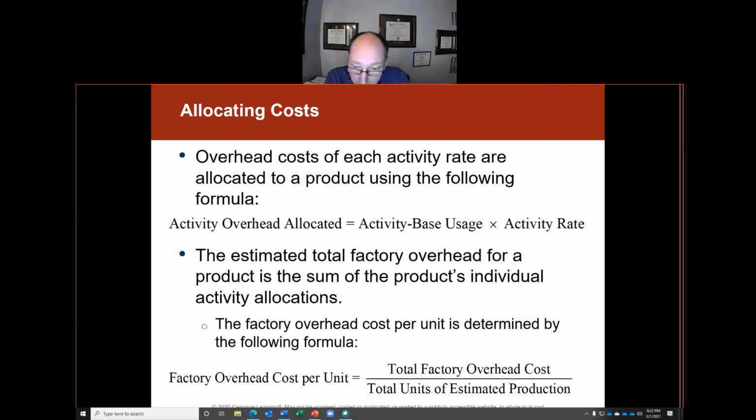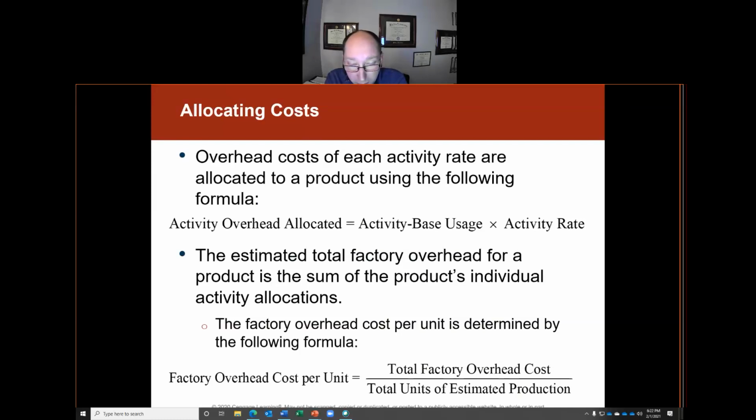So how do we do that? I guess there's a couple things we do, right? The first thing we do is we take the total factory overhead cost, 1.6 million in our example, divided by the total units of estimated production.